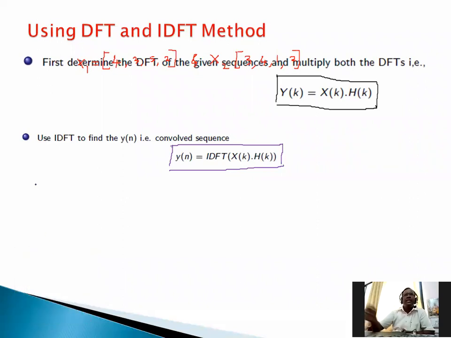To find x1 of k, as we know x1 of n, we need to find x1 of k. How do we find x1 of k?